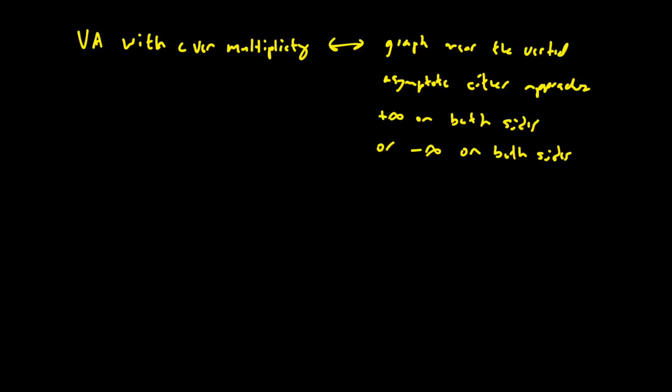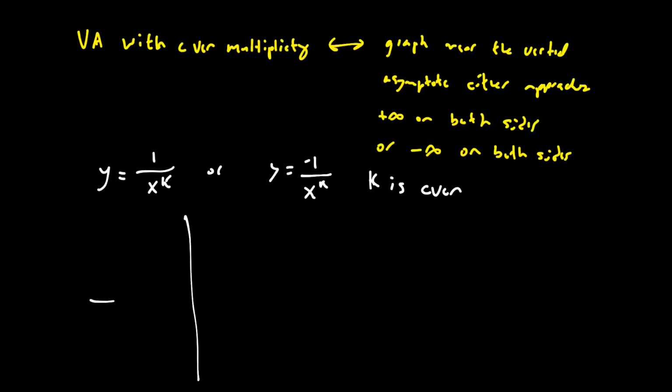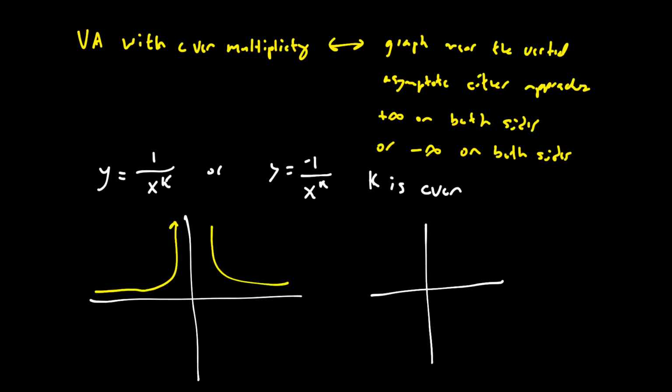And again, near vertical asymptotes, our graph will either look like y is equal to 1 divided by x to the k, or it's going to look like y is equal to negative 1 divided by x to the k, where k is even in both of these cases. So the corresponding graphs will either look like this graph here, or it'll look like this graph here.